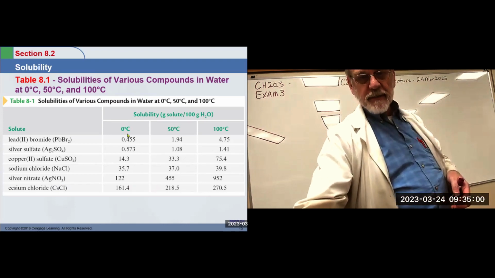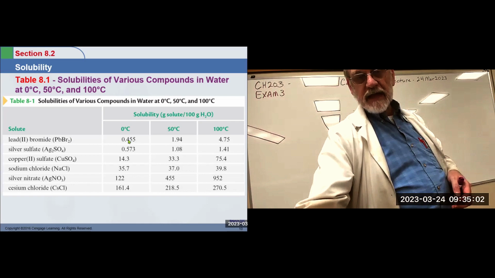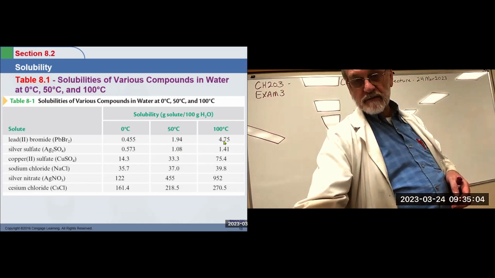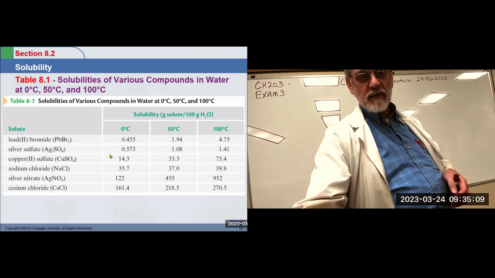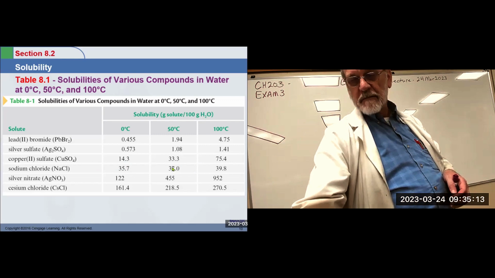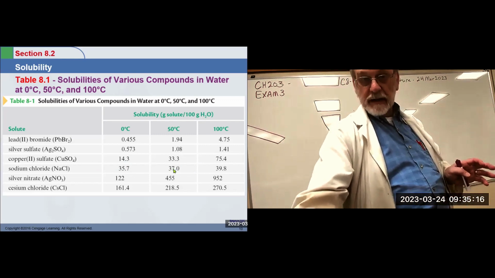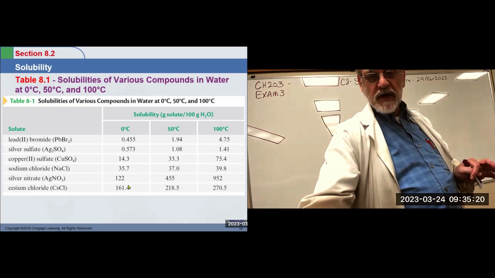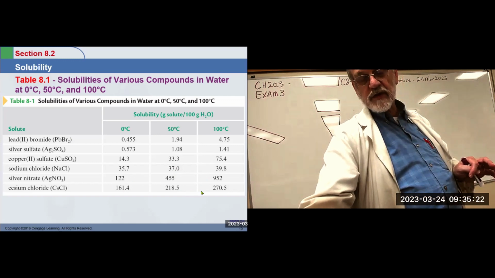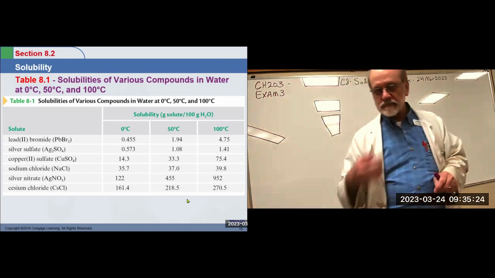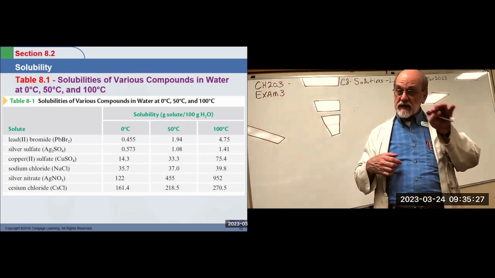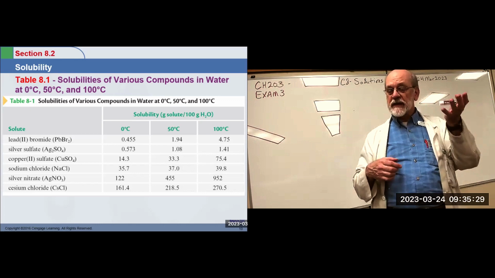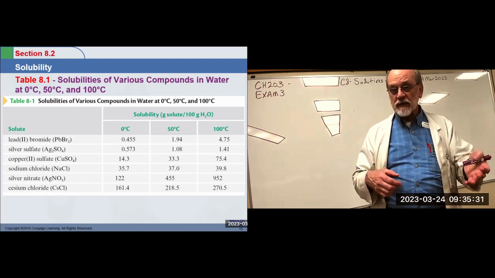And as you increase the temperature, the lead-2 bromide becomes more soluble. And silver sulfate, yes, becomes more soluble. Copper sulfate, more soluble. Sodium chloride, more soluble. Not much, but a little more soluble. Silver nitrate becomes more soluble, and cesium chloride becomes more soluble.